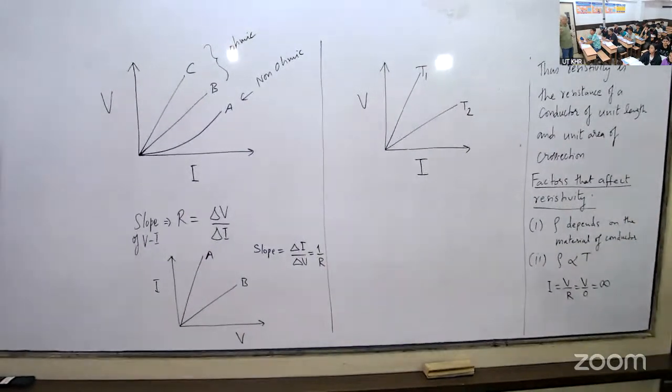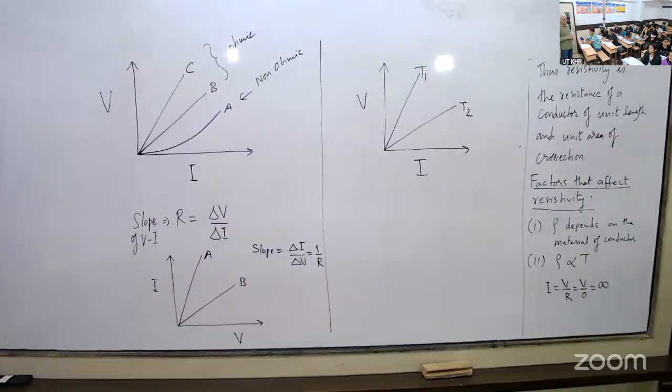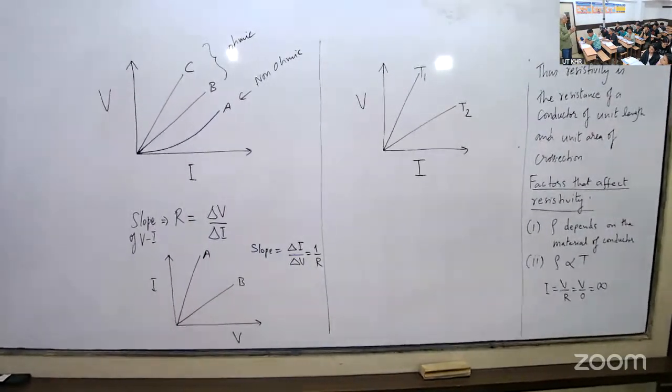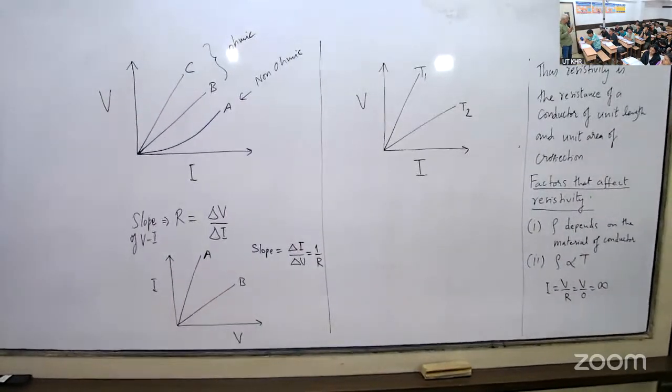It is the graph of the same conductor at two different temperatures. What is the graph about? Graph of the same conductor at two different temperatures. Identify which is the greater temperature.